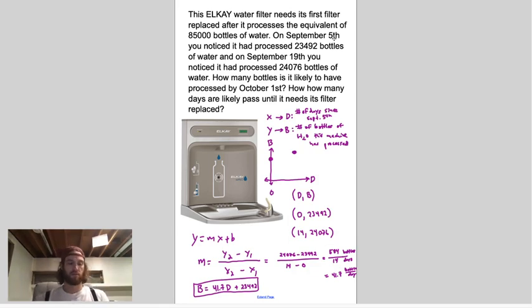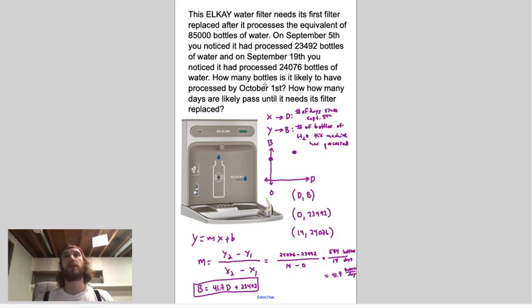Okay, so to get from September 5th to October 1st, let's see here. How many days since September 5th is October 1st? We did 19 minus 5 to get 14 here.